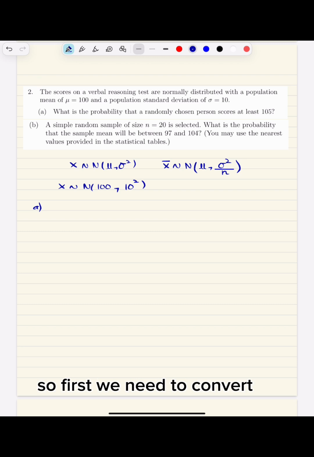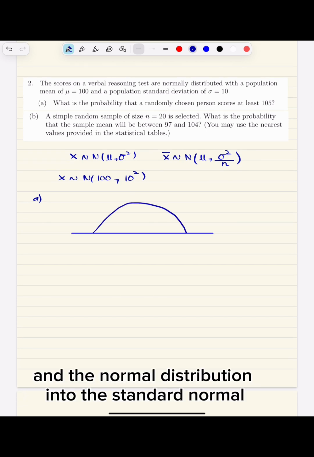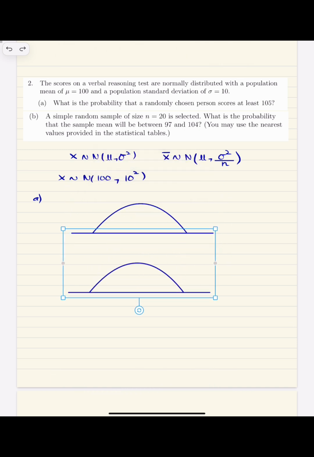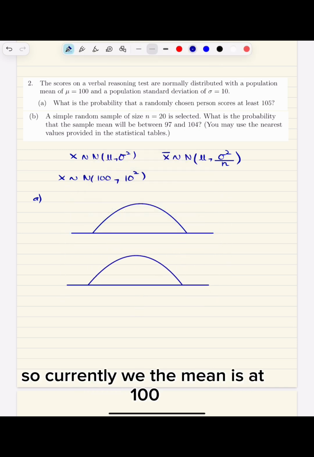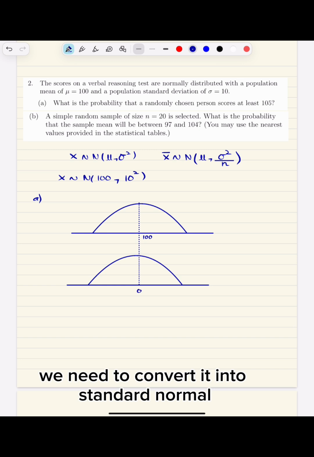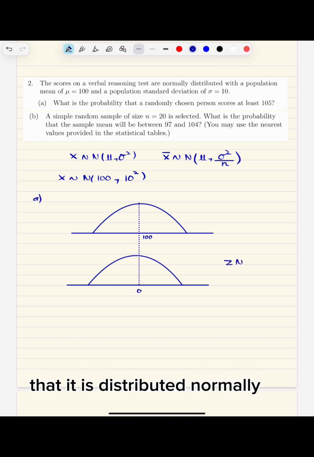First we need to convert the normal distribution into the standard normal. I'll replicate this diagram here. Currently the mean is at 100. We need to convert it into the standard normal, which is distributed normally with mean 0 and variance 1.